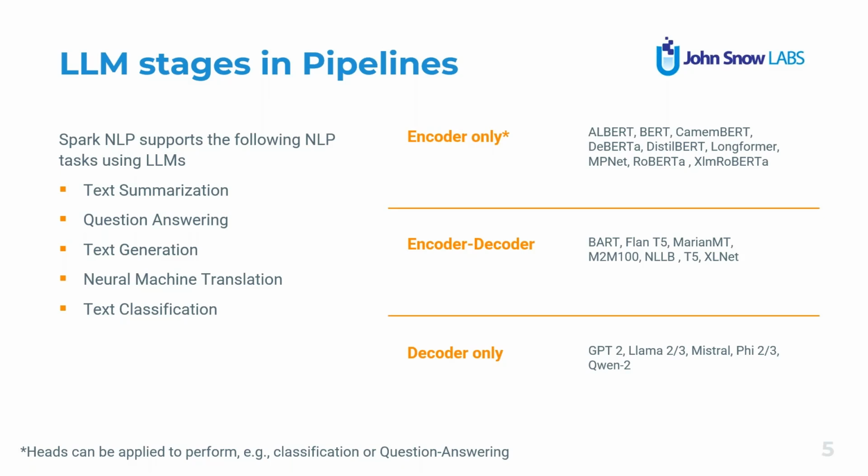So when we talk about LLMs, we have three types of architectures that we can have. All of them are based on transformer-based models. So we have models that are encoder-only models, which we can use, let's say, to create embeddings.